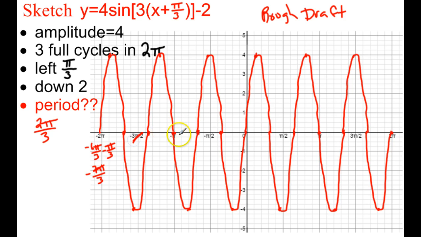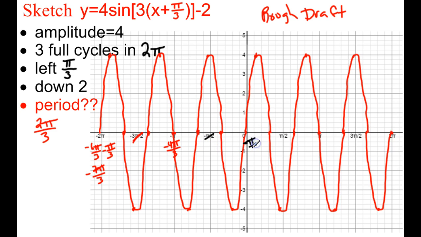This one I'm not too concerned about, but negative pi for sure, where do I end up at this point? Negative pi minus pi over 3 is negative 4 pi over 3. Probably doing this in another color makes a little bit more sense. Negative pi over 2, I could do some of these key points. I don't necessarily have to do them all.